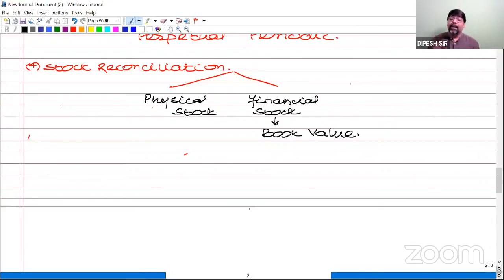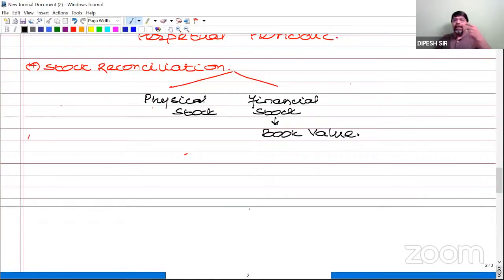For example, goods at branch, I own. Is it there in my godown? No, but it is my stock, financial. Goods, unsold stock with consignee, chartered. Is it there in my godown? No. Is it there in consignee's godown? Yes. Is it my stock? Yes. Sale on approval. Goods are with customer. Don't you think it is my goods?